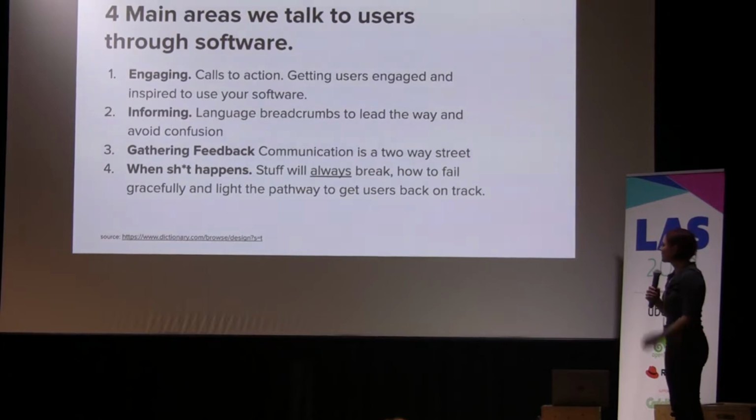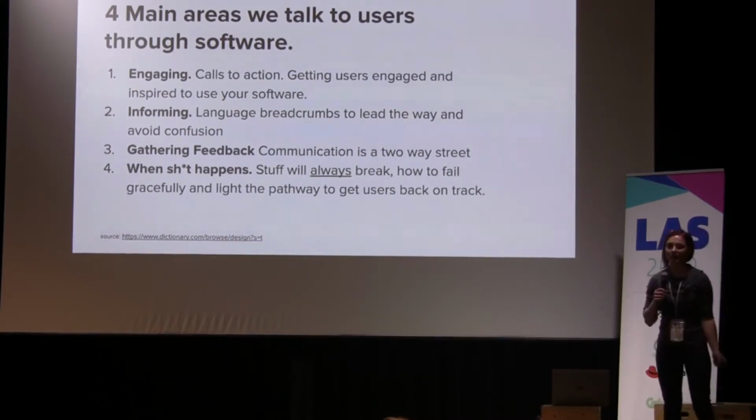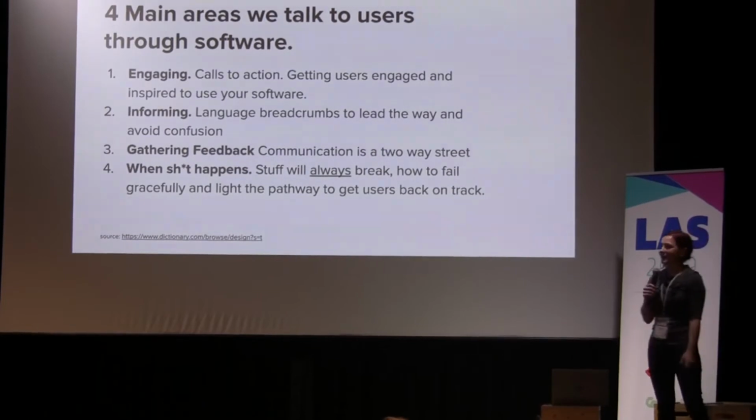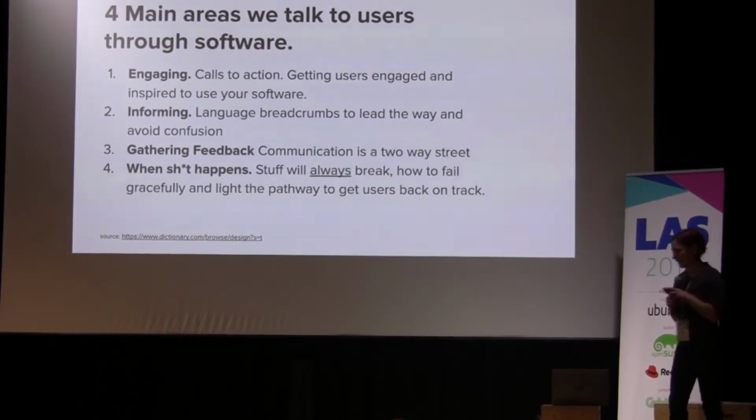And then the fourth one is when shit happens, like things fail, and we want to think about how we can build checks and balances into our software to avoid pain for our users and help get them back on track more quickly.